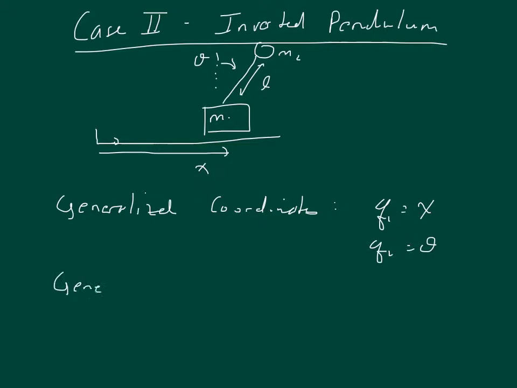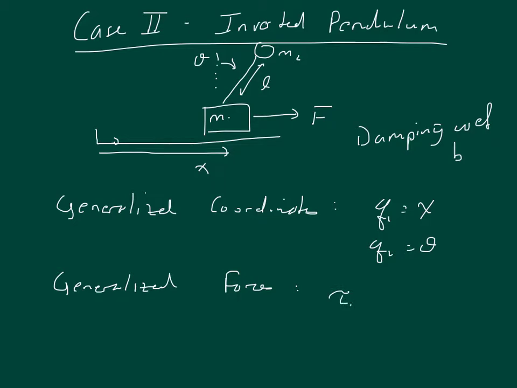For the generalized forces, we're assuming an applied force of F and then a damping that opposes the motion with a damping coefficient of B. So the generalized forces will be tau 1 is equal to F minus B x dot, and tau 2 is equal to 0. There are no applied forces on the pendulum.